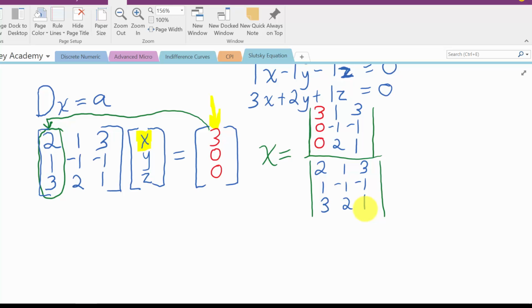Remember, this matrix right here, this is what we're calling D, right? That's D. And so what we have on the bottom here is the determinant of D. What we have in the numerator is, part of it is the determinant of D, but part of it isn't. Part of it is the set of what these equations are equal to, 3, 0, and 0.